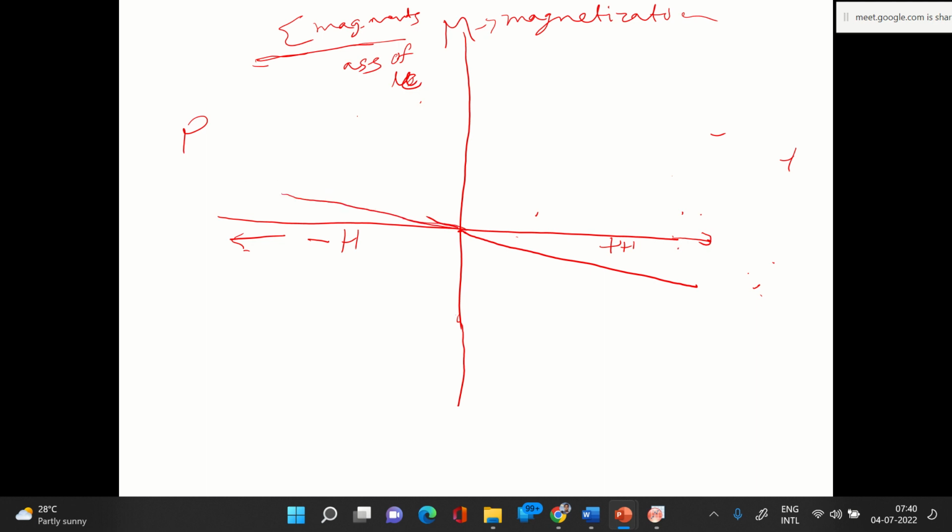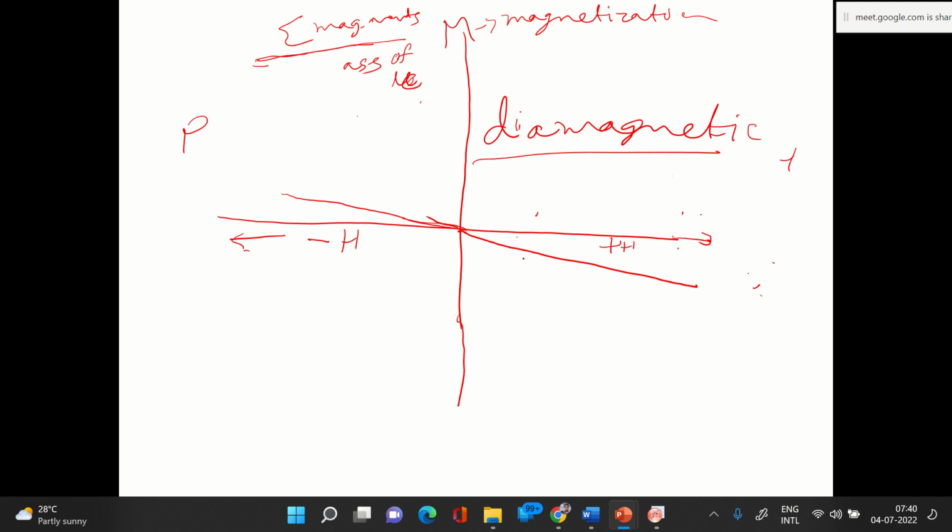So this is the behavior of a diamagnetic substance. The difference here is that you increase the H and the magnetization is negative.